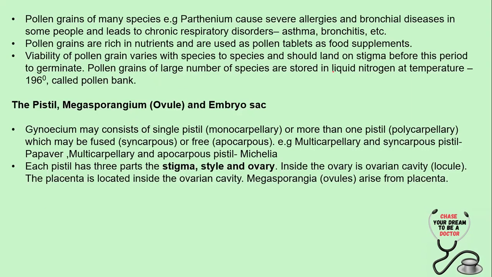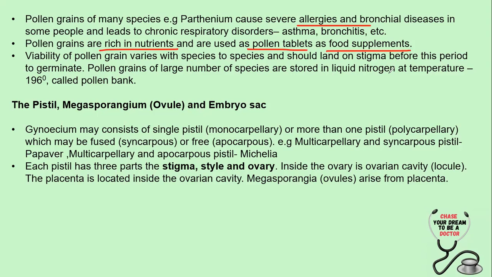This is the last small paragraph mentioned in the NCERT as well. Pollen grains of many species, especially carrot grass or parthenium, cause several allergies and bronchial diseases in some people. Sometimes you can use these pollen grains as nutrients or as pollen tablets for food supplements.